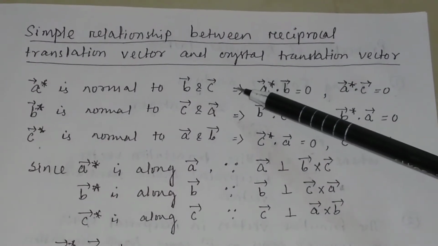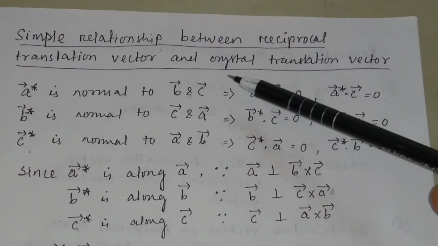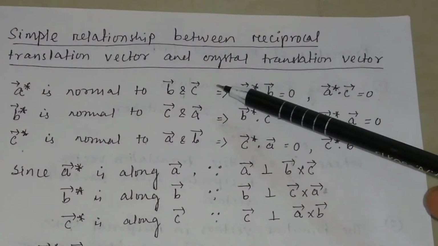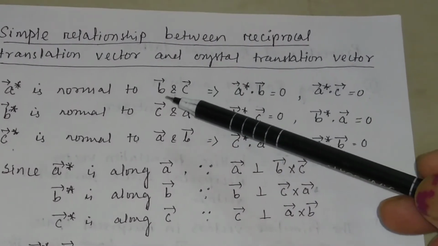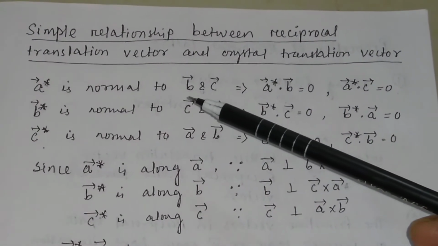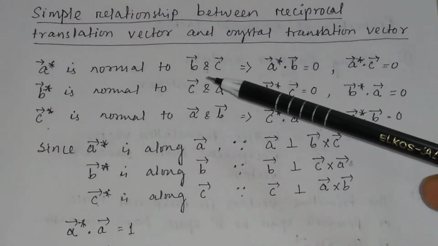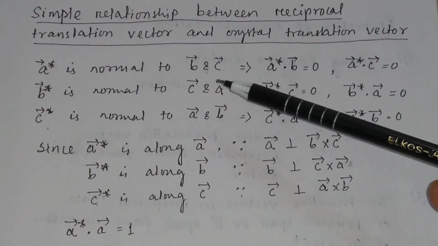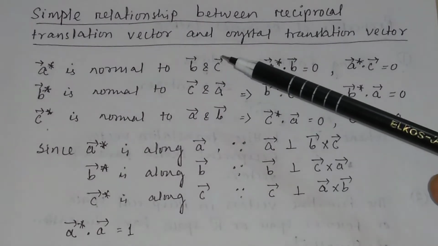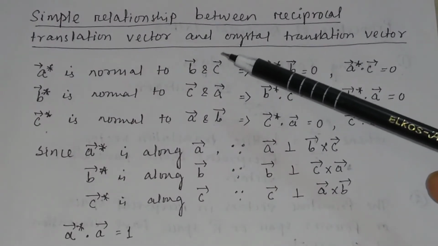Suppose here we take the crystal translation vector T given by n1 A plus n2 B plus n3 C, where A, B and C are the lattice parameters in the direct lattice.